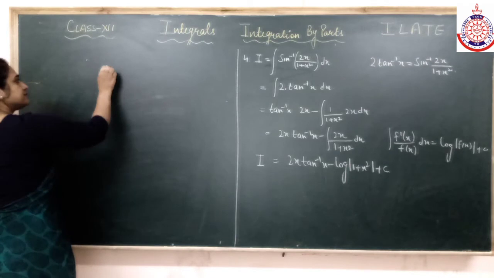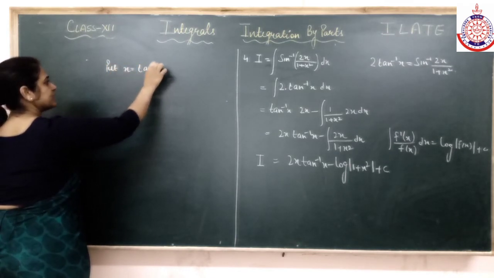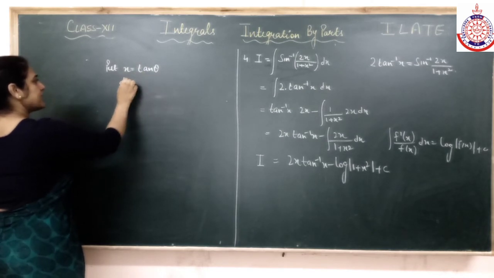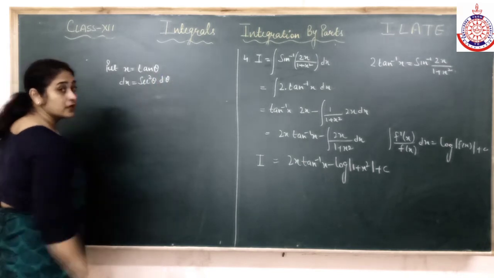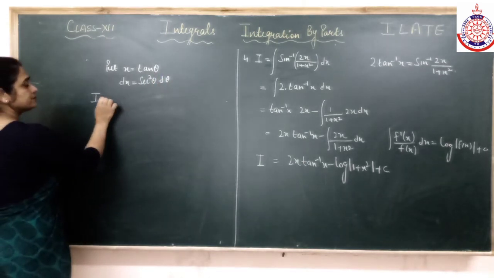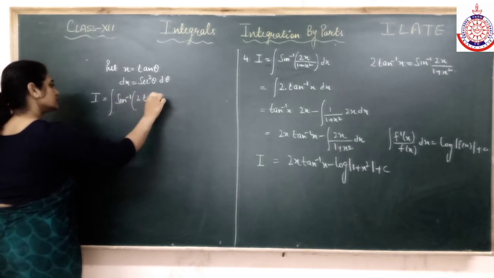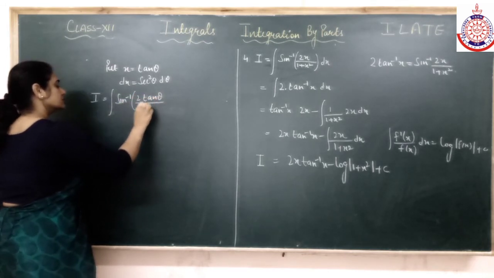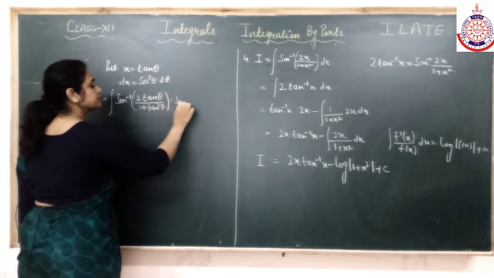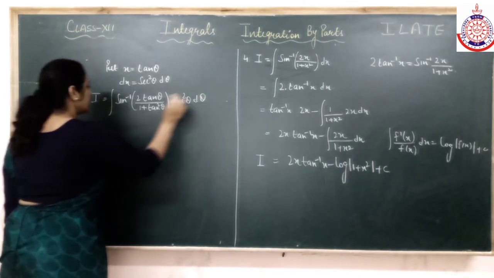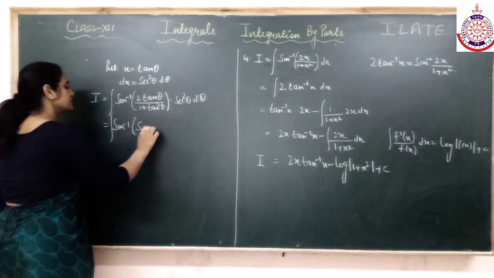I'll put x as tan theta. So it becomes dx. Okay, substitute. The formula became sin 2 theta inside.